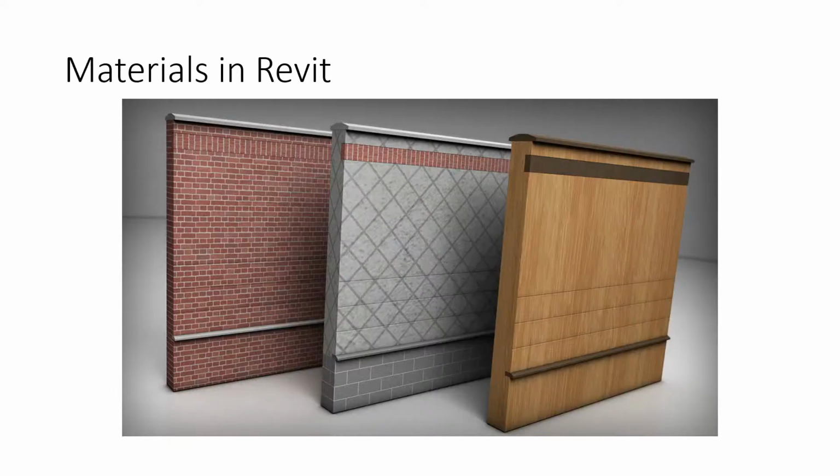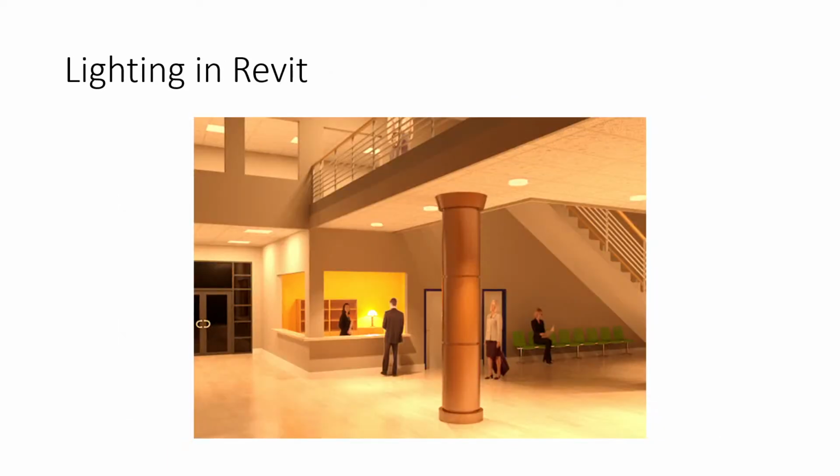Material in Revit. Learning how to create a new material, how to duplicate a material, and how to apply it to the element is very important. Once you learn material, the next step is lighting. You can have daylight, interior, and night light.